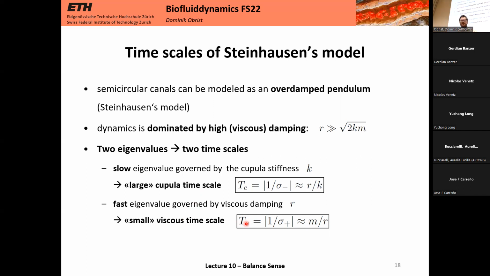Okay, so these are two timescales which are determining. These are like corner frequencies or corner timescales. Everything that is faster than the viscous timescale is too fast to be sensed. The system needs a reaction time, and the reaction time is given by this T_V. That one here is like a maximum timescale. Everything that takes longer than that is difficult to sense.